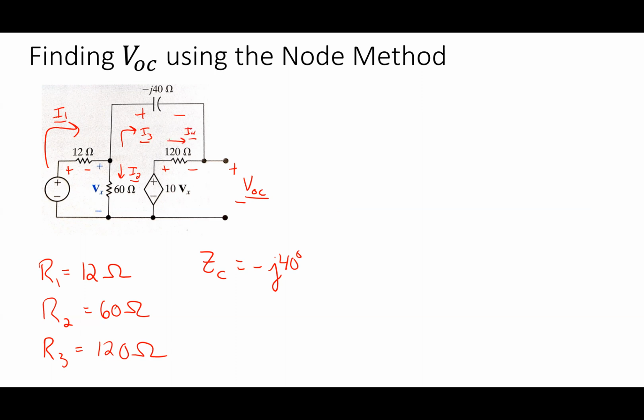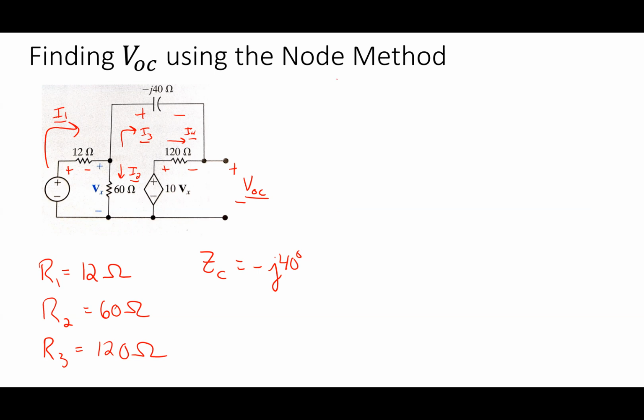I just defined a bunch of currents there. I4 is the current in that 120. I2 is the one in the 60 ohm. I1 is the current in the 12 ohm, and I3 is the current in the capacitor. No reason why I chose the values I did there. I like to write everything down first in terms of the KCL.